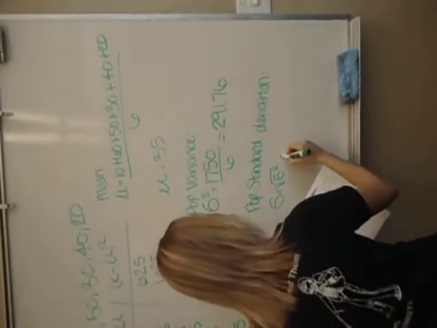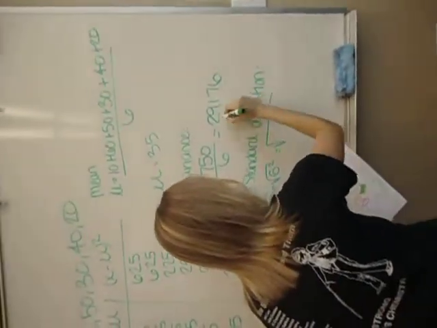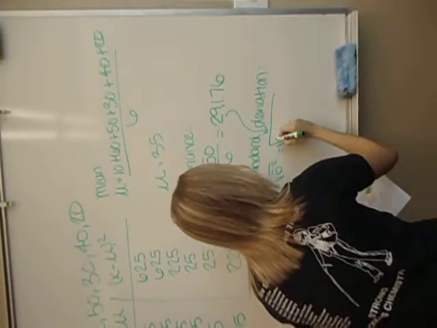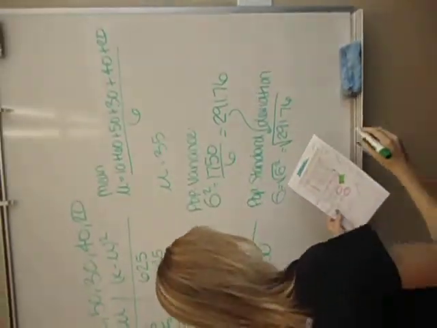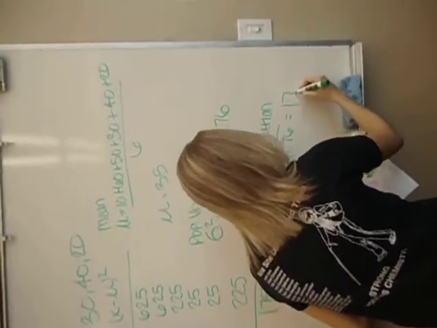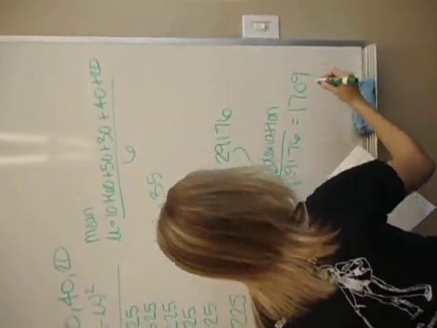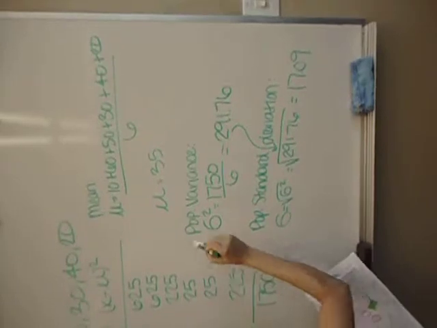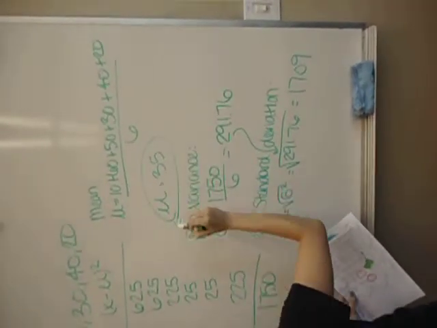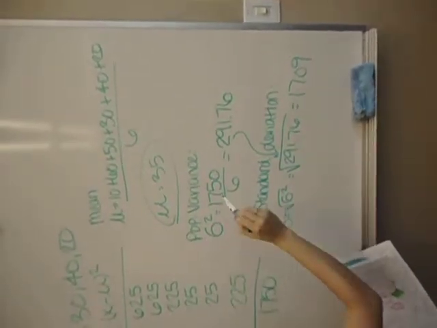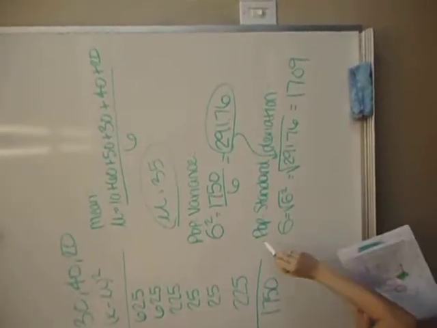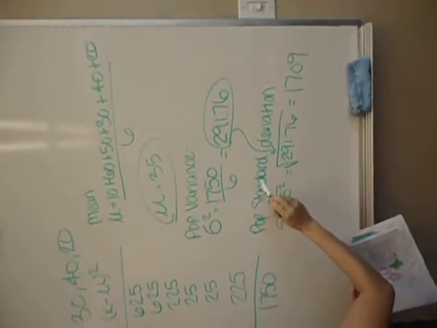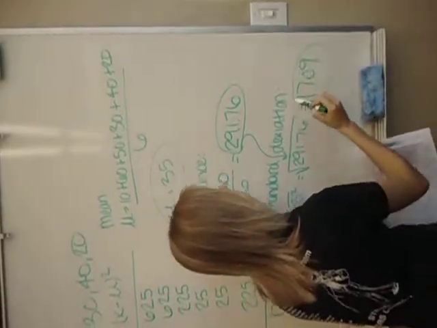So that equals, we're going to bring this down and fill it in here, 291.76, and that equals 17.09. So our answer for our mean is 35. The answer for our population variance is 291.76, and our answer for our population standard deviation is 17.09.